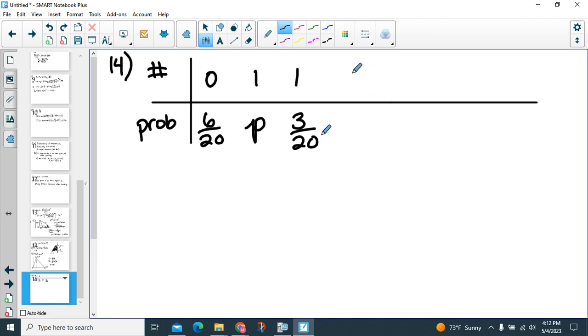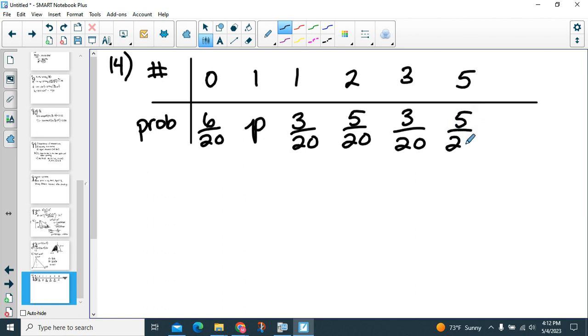The probability of getting a 2 is 5 over 20. The probability of getting a 3 is 3 over 20. And the probability of getting a 5 is 5 over 20.